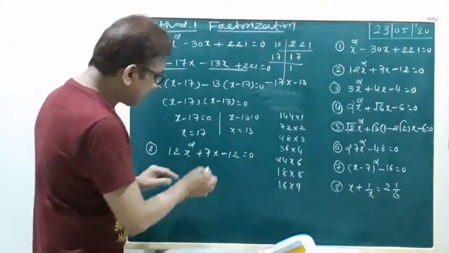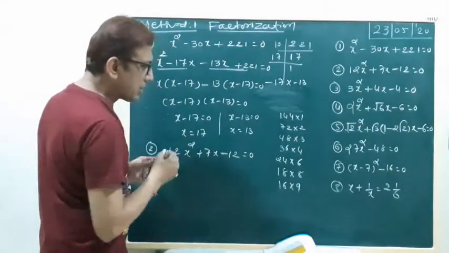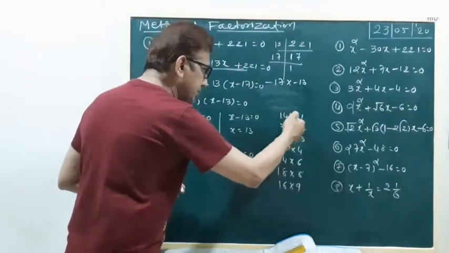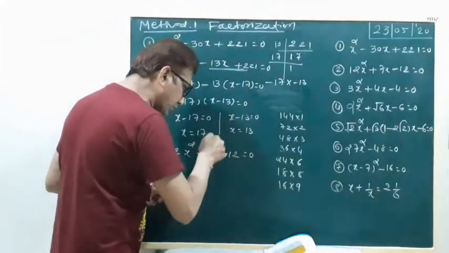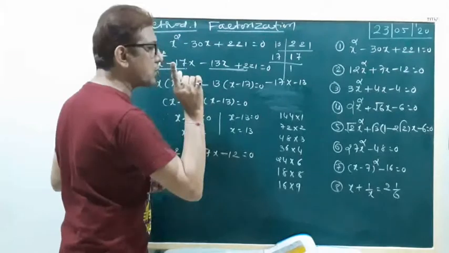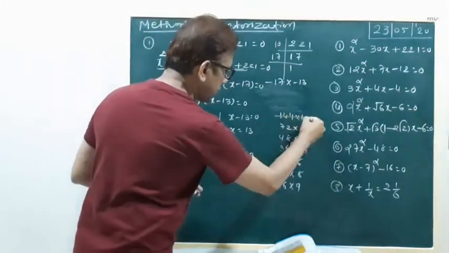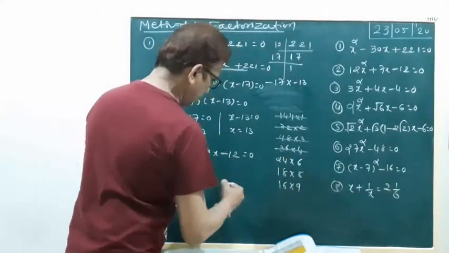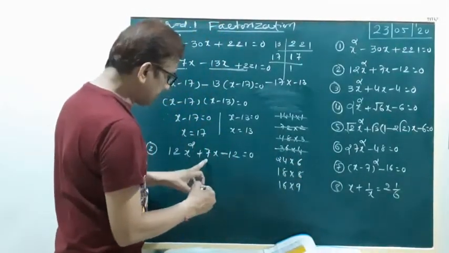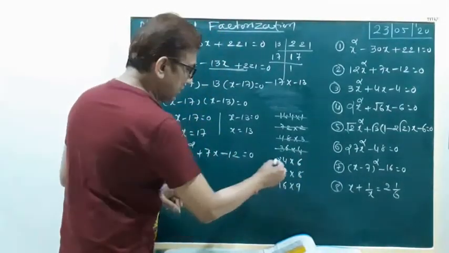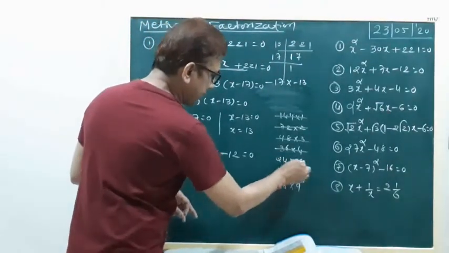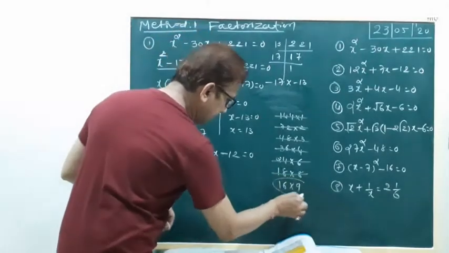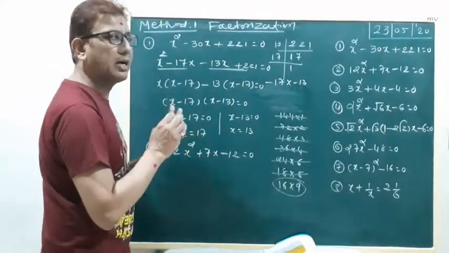Now check, here the last term is negative. Now check the factors: the subtraction of these two numbers should be 7 because the last term is negative. 144 minus 1, not possible, not possible, not possible. 24 minus 6, not possible. 16 minus 9 is 7.